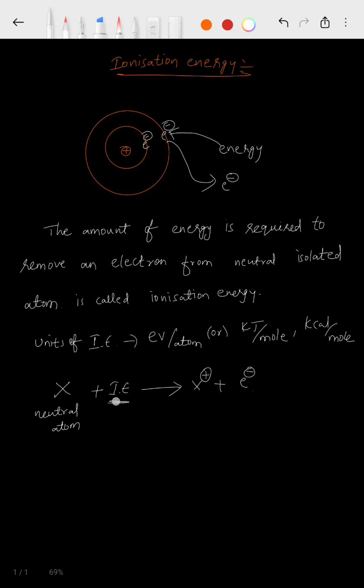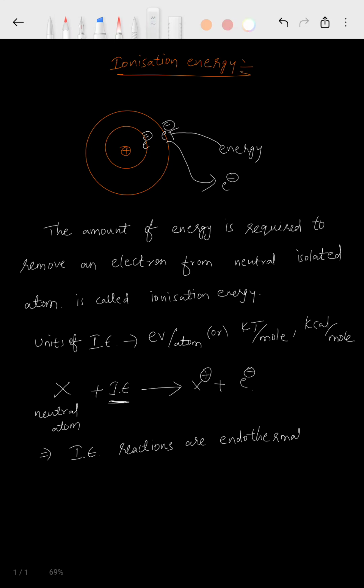Here the energy is being absorbed. So when energy is absorbed, that type of reaction we call an endothermic reaction. That's why ionization energy reactions are endothermic reactions. Endothermic means it will absorb heat energy.